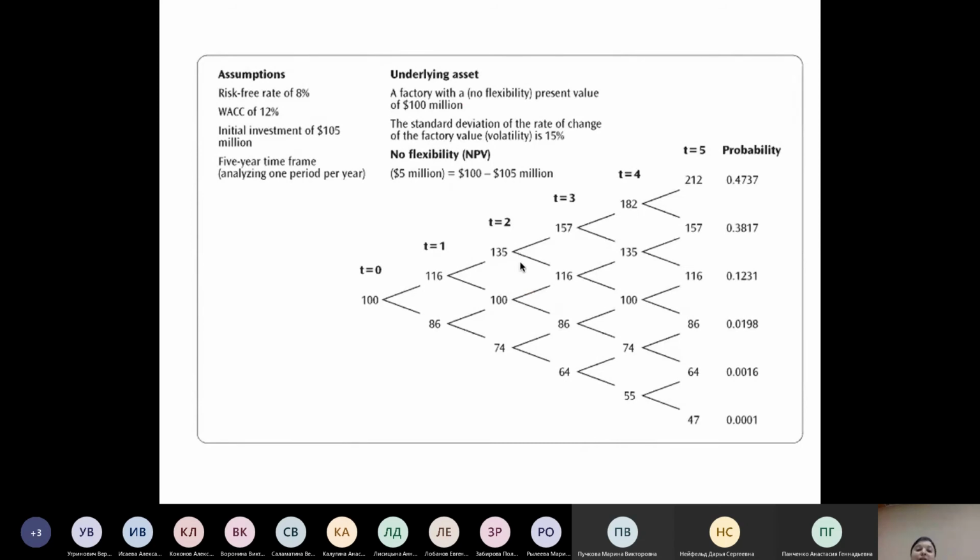The same we can check, for example, for the group from 135 to 157, 116.